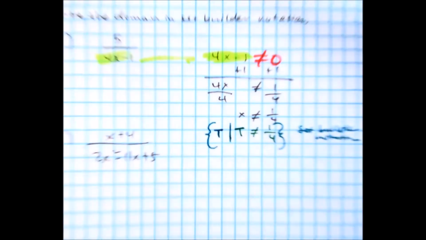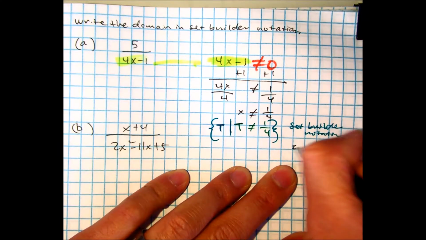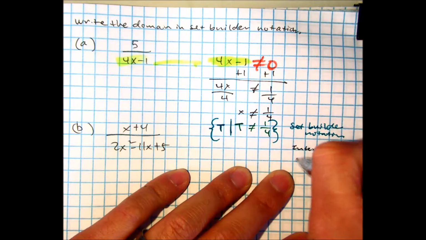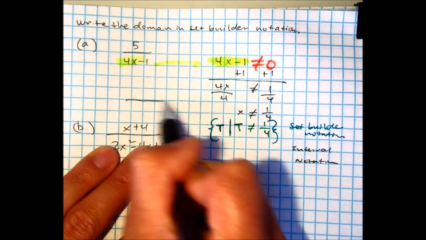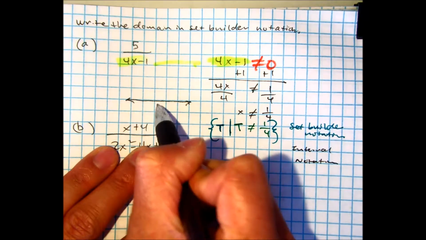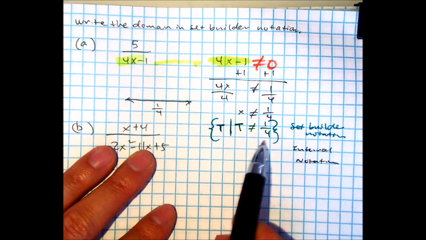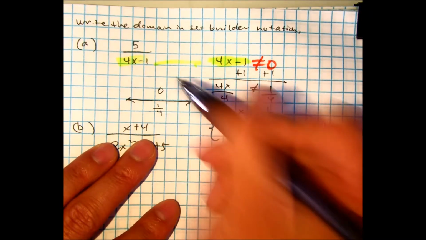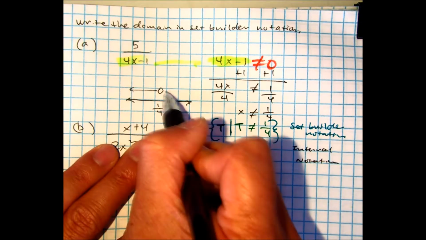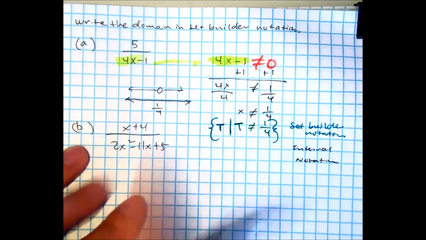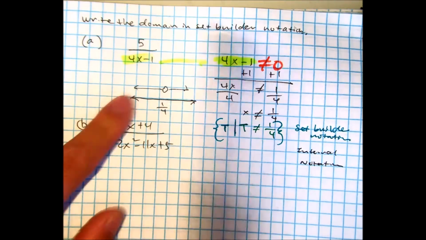Okay, now let's just say I asked you to put this in interval notation. Well, you can give yourself a quick visual. It basically said pick all numbers except for what? So that would be an open circle. Does that make sense? And then your arrows are going this way and this way. So if you had to write this in interval notation, what would you say from left to right? Arrow, which is what?